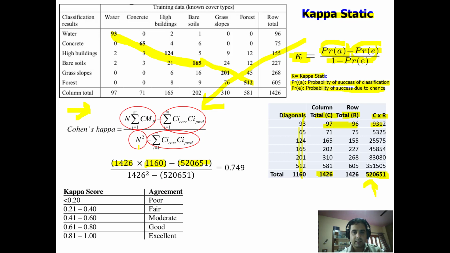Here it becomes N square, which is the total number of classified pixels, 1426 square, minus the same term that was in the numerator, 520651, and the kappa coefficient comes out to be 0.79. So this is how to compute the kappa coefficient.